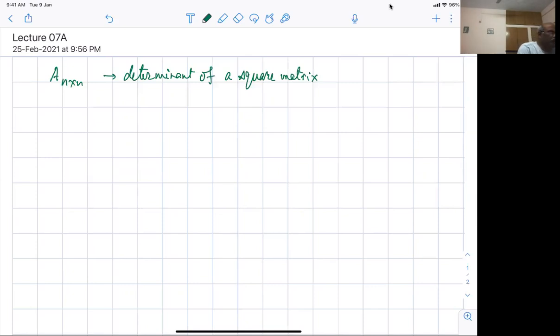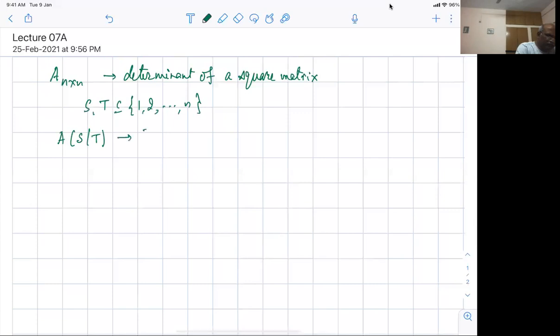So to understand it, we have this notation. Let S and T be two subsets of 1 to n. 1 to n are the indices by which we index the rows and columns. Then there's the notion of A(S,T). The important thing here is that there is a small bracket here.